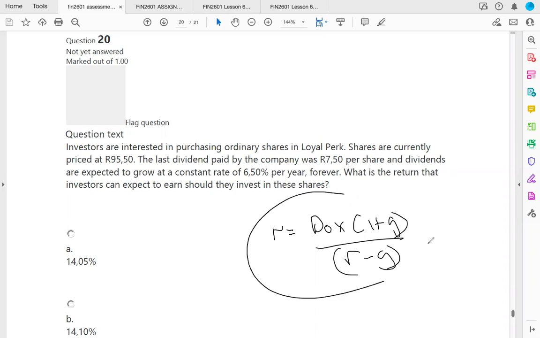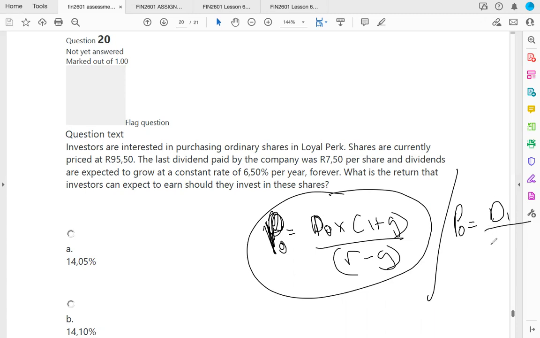This is the constant growth model, which tells us the price of a share is equal to the current dividend multiplied by 1 plus G over R minus G, or the price of a share is equal to D1 over R minus G. So I want to give you four important formulas that you need to know for the exam.